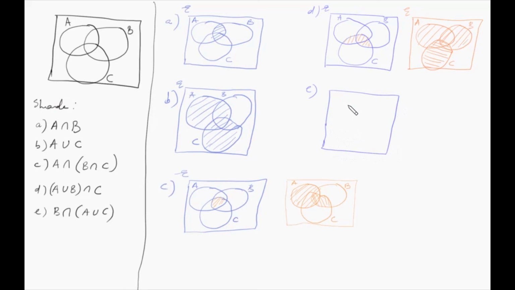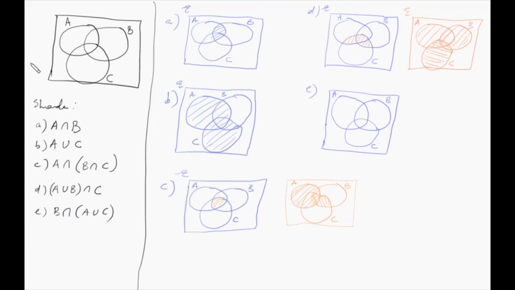So E, we have A, B, and C, right? So what do we do? Now we are going to shade B intersect A union C. We can shade set B separately and shade A union C separately and look for the double shaded region because this is the intersection.